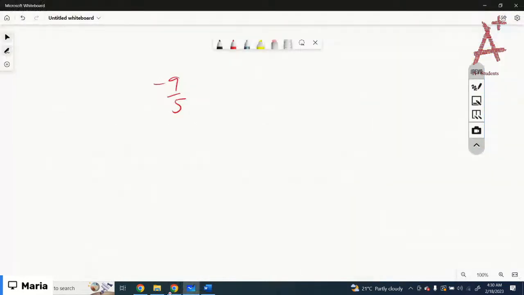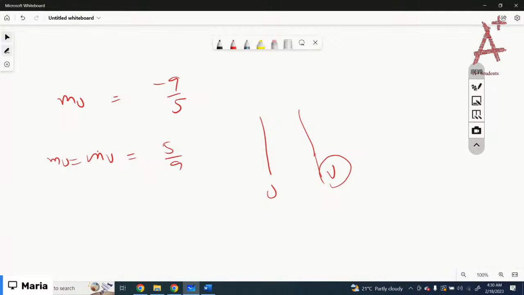Now line V, let's suppose these are the two lines. This is U and this is V. Got it? They never cut each other at any point. So if the two lines are perpendicular, their slopes are negative reciprocals. Reciprocal means you have to interchange the numerator and denominator.